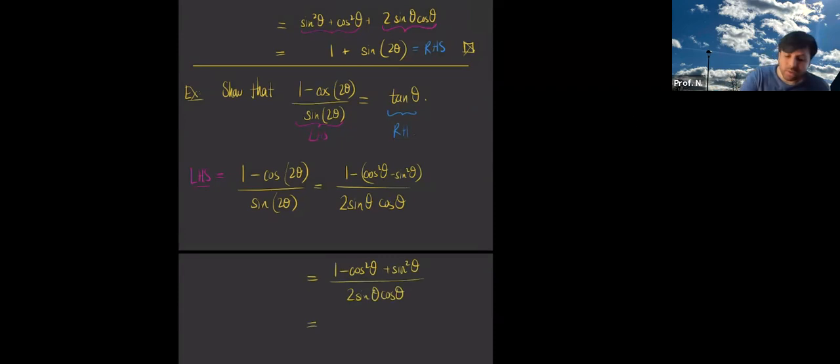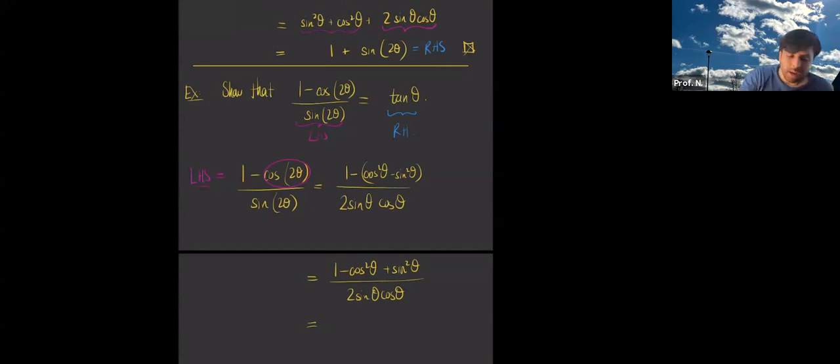So again, what did I do? I got cosine twice the angle and rewrote it as cosine squared theta minus sine squared theta. That's one of the versions for cosine twice the angle. I distributed the -1 because it's in the parentheses. Make sure you keep that in parentheses. When I distribute that -1, I get 1 minus cosine squared theta plus sine squared theta.